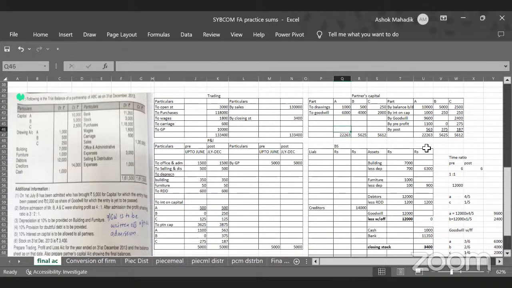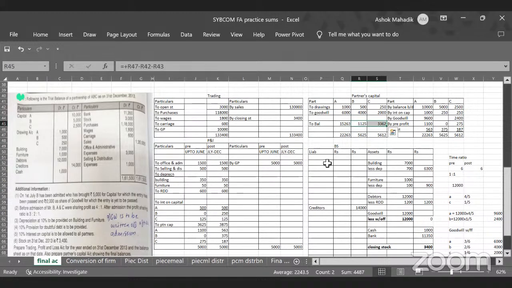Okay, now let us see if we have earned profit. I think so, we have profit. So we'll write transfer to balance sheet. Okay, so for A it will be 22,263 minus 1000 and minus 6000. Same way for B and C.